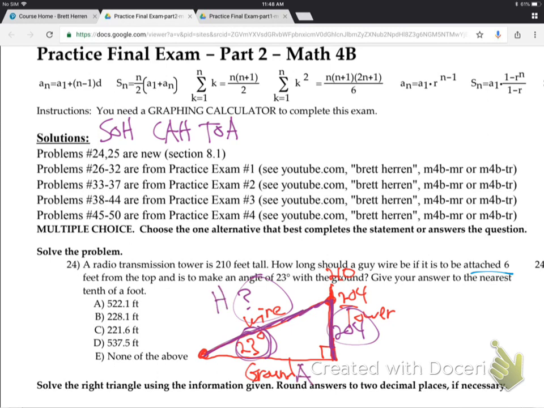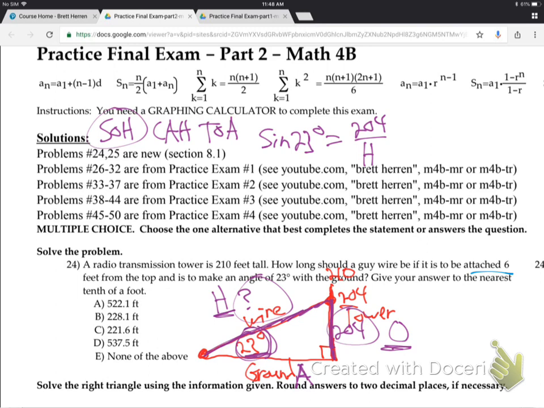The ground is adjacent to the angle. This 204 is opposite from the angle. So what trig relationship involves an angle, an opposite, and hypotenuse? Sine. Sine is opposite over hypotenuse. So the sine of 23 degrees is 204 over the hypotenuse, or C, or whatever you want to call the wire. Everybody see that? Opposite over hypotenuse.